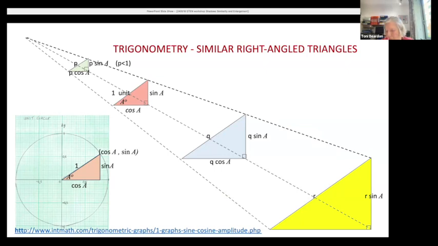Understanding this, the only thing we have to remember is that the sine of A is opposite A and cos A is adjacent to angle A, and everything else is the scale factor of it. And if they can visualize this, they don't have to learn SOHCAHTOA, and they will understand what they're doing. Thank you.